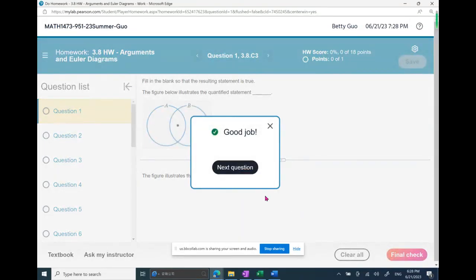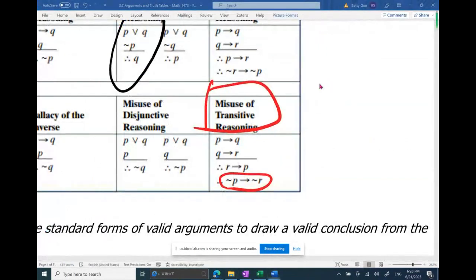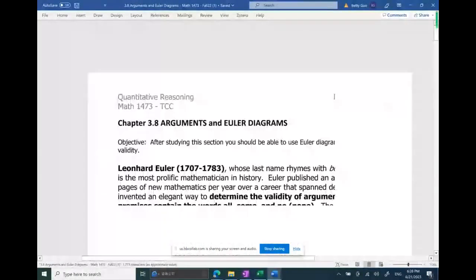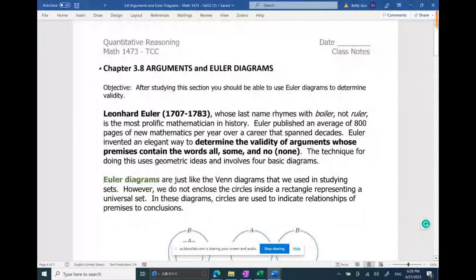In total, we have four types of quantified statement. I need you to please remember or know their corresponding Euler diagrams. Let me get the guided notes. Guided notes are very important. It is the shorter version of our textbook. It's not that I do not recommend that you read a book. Of course, if you have the time to read a whole book, it's good. You're going to learn a lot of stuff.